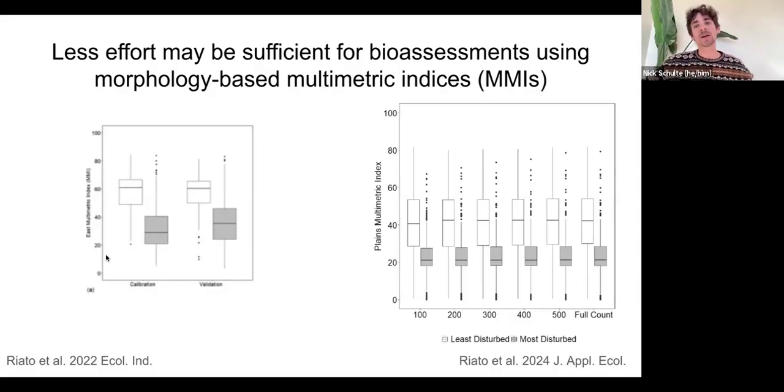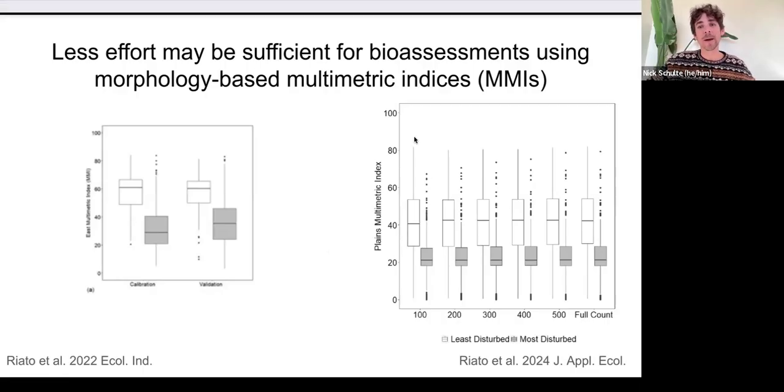We can apply this model that's developed from only genus level traits and still get accurate delineations of ecosystem health. And on the right side, they showed that fewer counts, counts of 100 valves instead of 600 valves, were just as adequate for differentiating those least and most disturbed sites, and could be applied across these regional indices to assign stream condition.